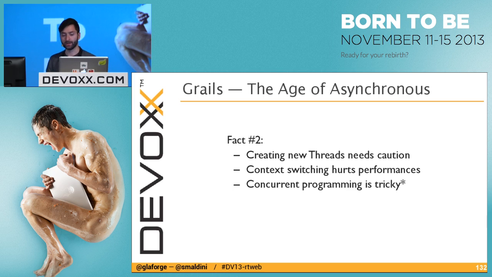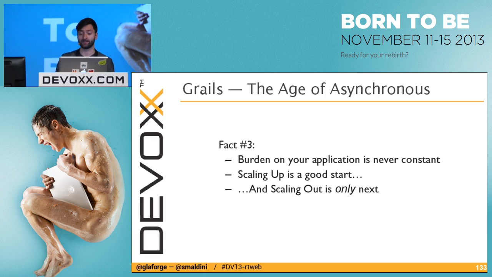Well, you know that creating threads is quite tricky, and in general, concurrent programming is tricky because of locking, because of the performances, the memory it takes, etc. And the third fact is, well, not everyone is going to connect at the same time, except on Christmas, on Boxing Day, for instance, maybe, to buy something if you are a retailer.